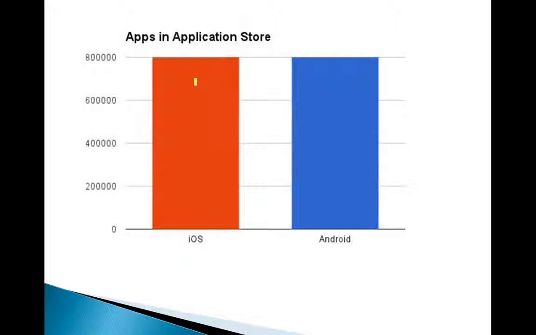Now, as far as how many apps are available, that's one of the reasons people don't get Windows phones as much. Because I know that Netflix, my bank, my grocery store, Lowe's, department stores, if I have an iOS device or an Android device, there's an app for it.